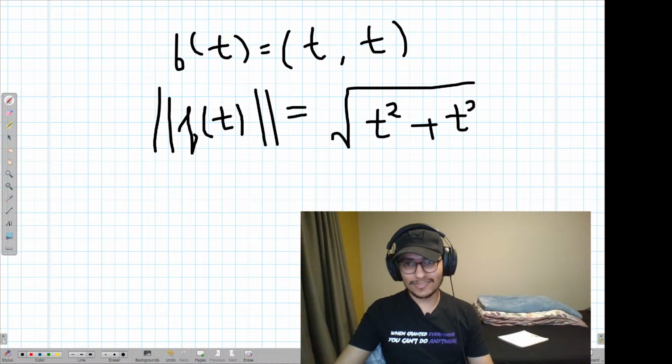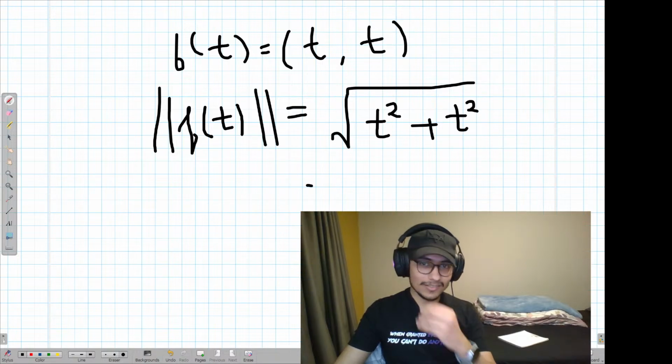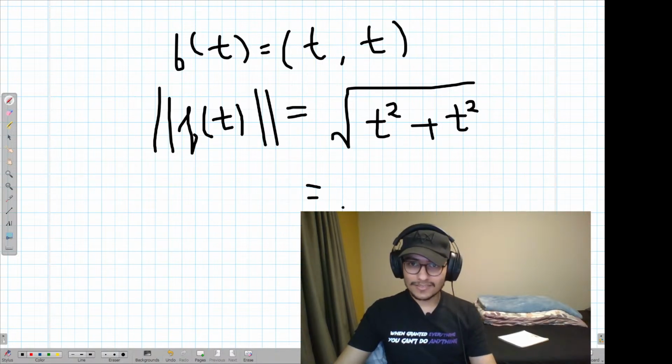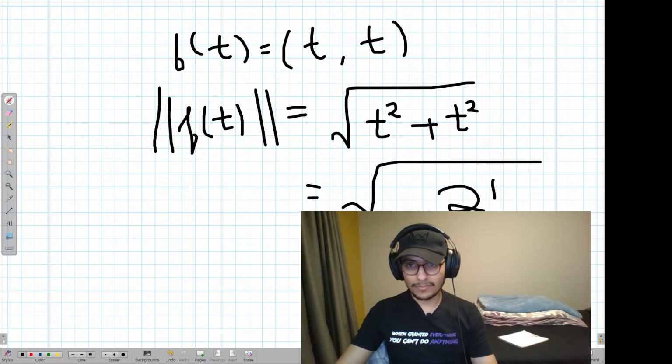It's easier to write it in bold. So we get 2 times t square, which is root 2 t.